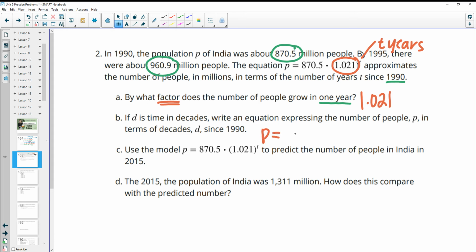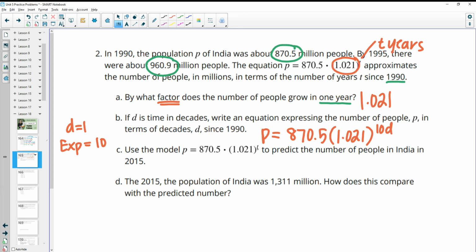So the population now is going to be 870.5 times 1.021 to the 10D. Because if we put in 1 decade up here, so if D equals 1, then we want that exponent to equal 10, because we want there to be 10 years that happened. So 10 times the number of decades.